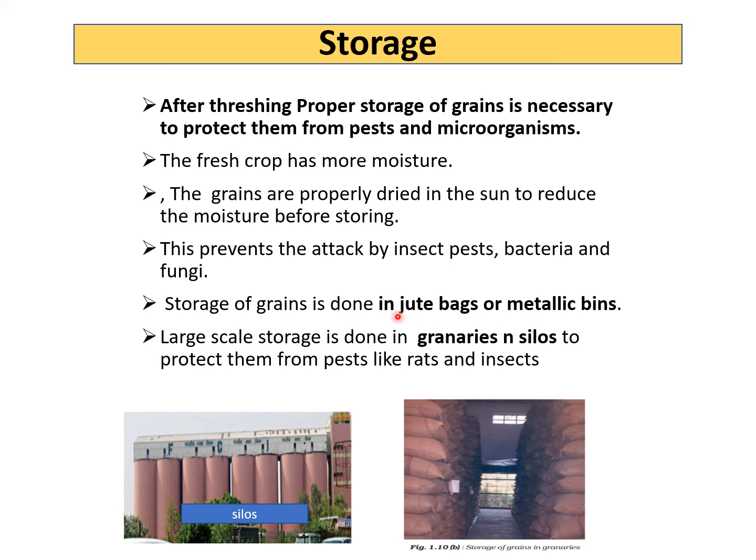You can see these are jute bags. Large scale storage is done in granaries and silos to protect them from pests like rats and insects. So after the harvesting of the crops, storage is necessary. If there is no proper storage, our grains will get damaged.